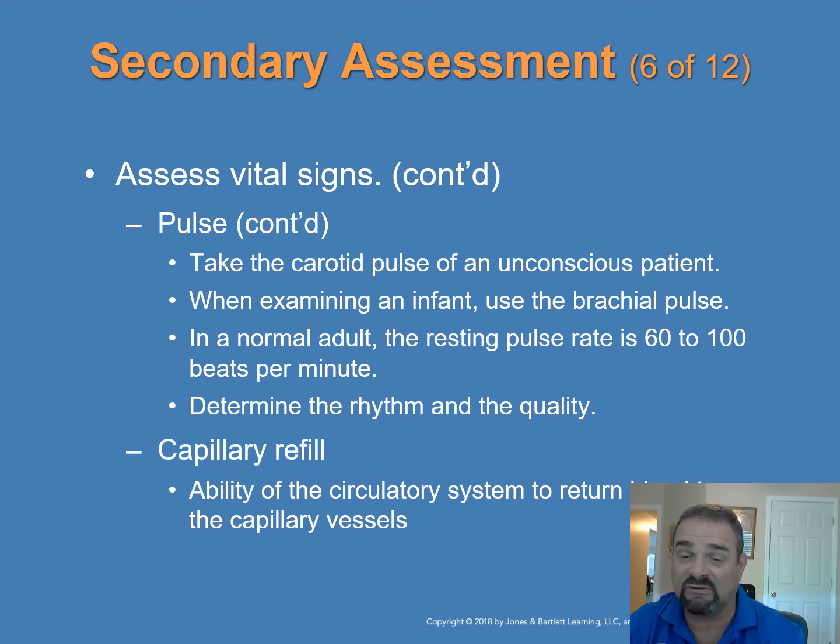Now, even simpler, if you want to make sure that you have a long enough time, count it for 30 seconds and multiply it by 2. You just need to assess that for the right period of time to make sure that we've got the right amount of beats. So if you counted it for 30 seconds and you got a count of 30, you multiply that by 2, that's 60 beats. Just keep that in mind.